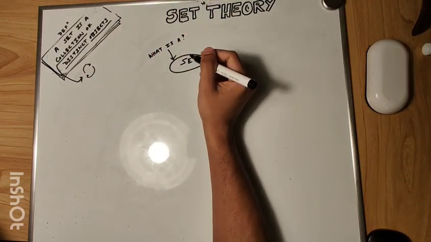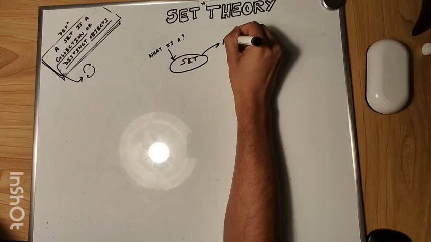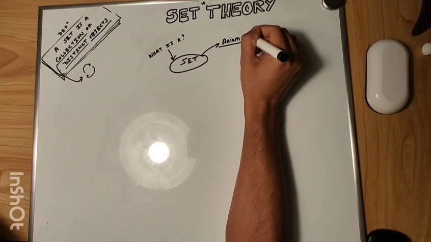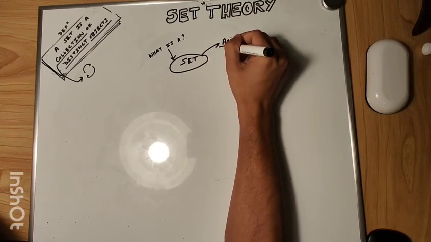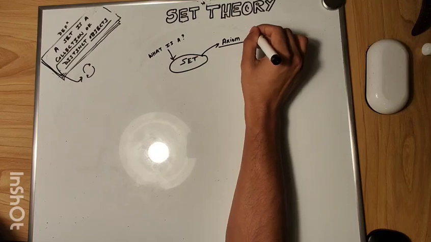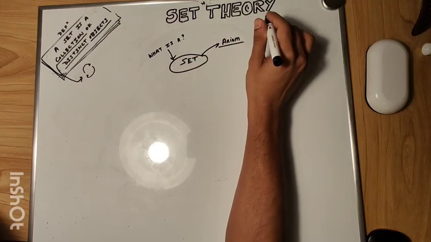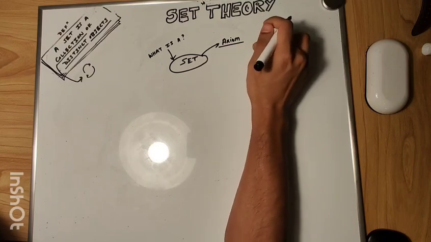What I would rather do is treat set as an axiom, which means that we thoroughly understand what a set is intuitively, and then we treat it as the base or the foundation upon which we will lay our groundwork and everything beyond that.